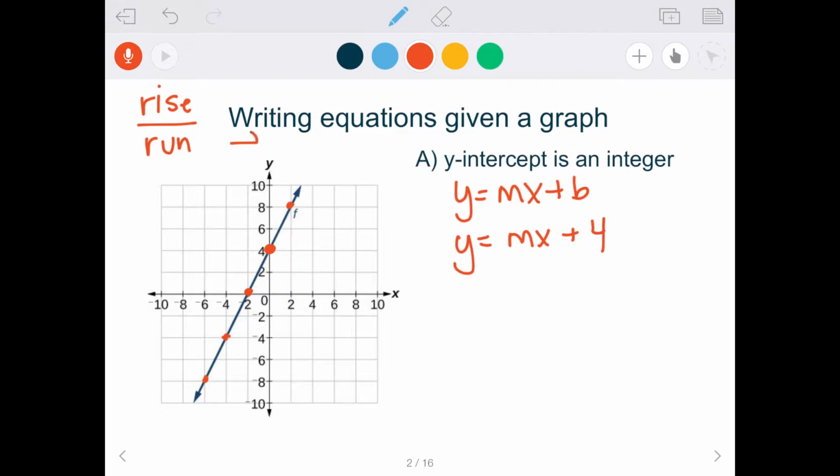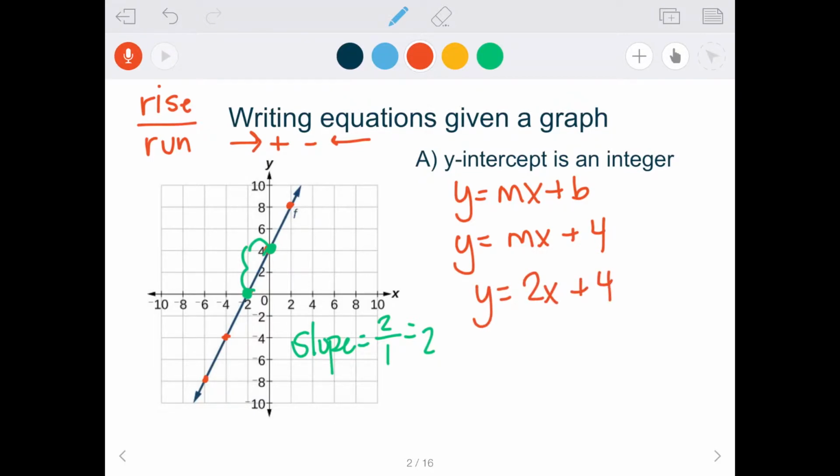Remember, if you go to the right, it's going to be positive. If you go to the left, it's going to be negative. So if I choose this point here and this point here, I go up 2 over 1. That means my slope is 2 over 1. But hello, we'd never write 2 over 1. We would just write straight up 2. So the equation would be y equals 2x plus 4.